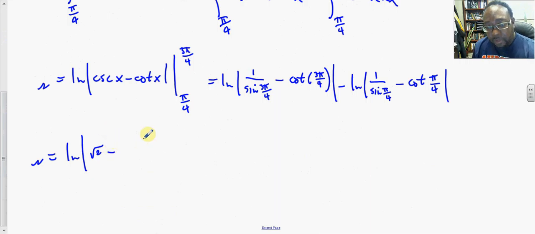Minus here for the cotangent of 3 pi over 4, the reference angle would give us 1, but since it's in the second quadrant, cotangent is cosine divided by sine, so that's negative divided by positive, so we get negative 1.